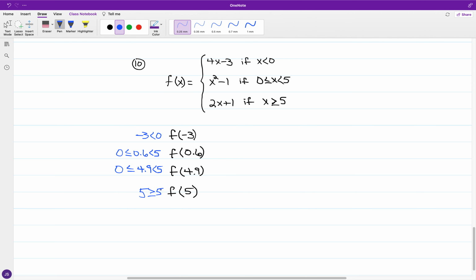And in terms of how we go about following through, for f of -3, we'll have the 4x minus 3 treatment. So here 4 times -3 minus 3, we'll have -12 minus 3, and -12 minus 3 becomes -15.